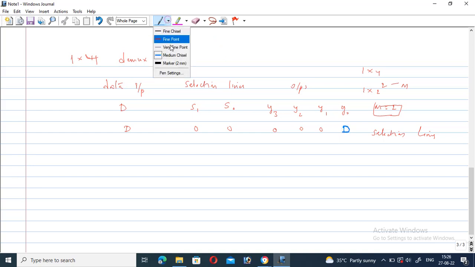For the other possibilities, with selection line 0 1, only Y1 takes the output, and the remaining outputs are 0. For the third case, 1 0, only Y2 takes the output, and the remaining are treated as 0.